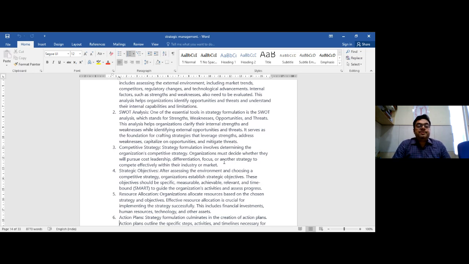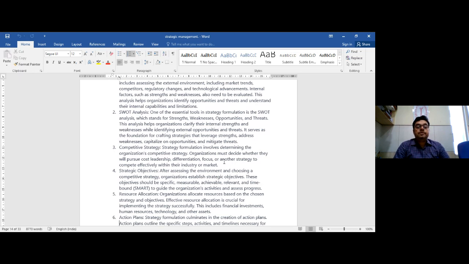What are the methods of resource allocation? Organizations should allocate the resources based on the chosen strategy and objectives.